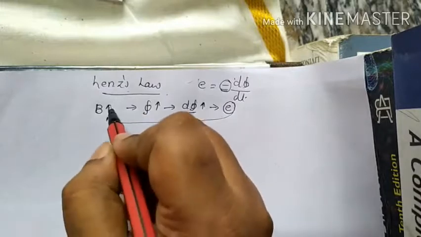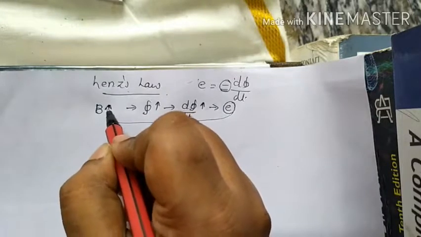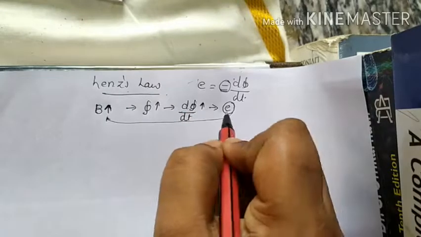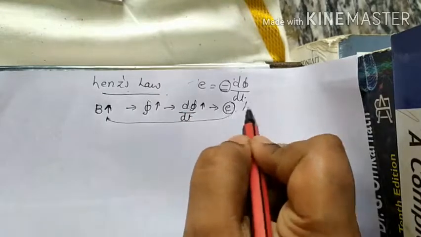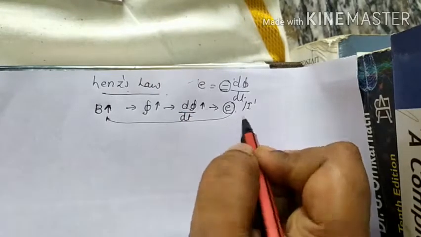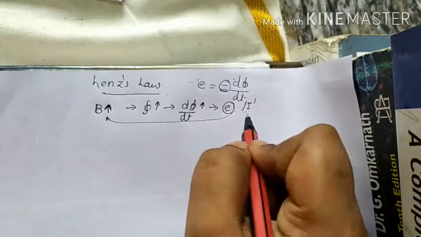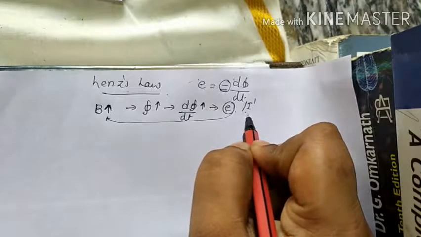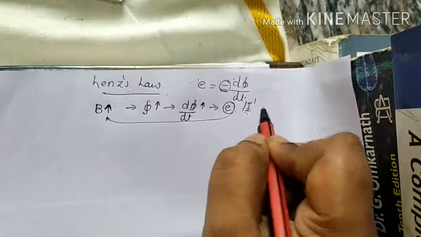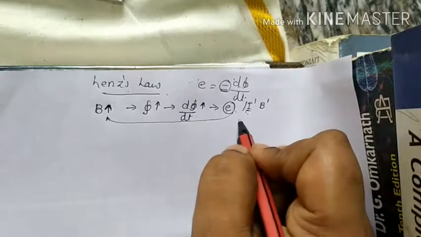So if the change in magnetic field is increasing, this current, say I dash, should be such that the induced current will also have its own magnetic field, say B dash.